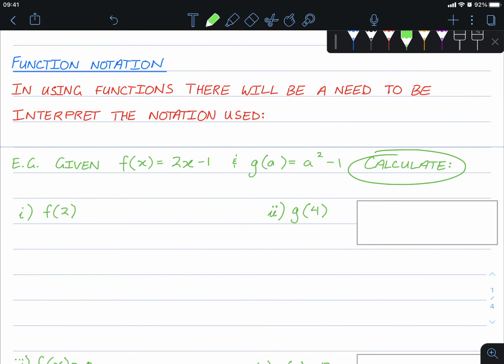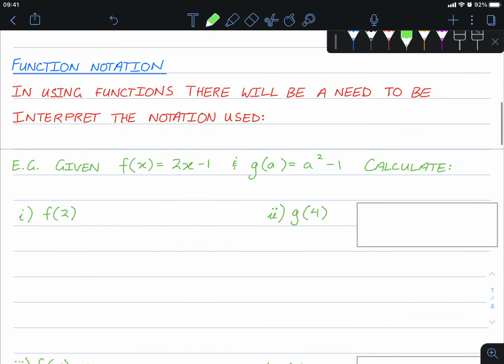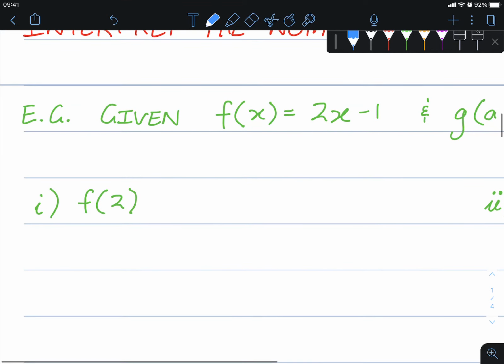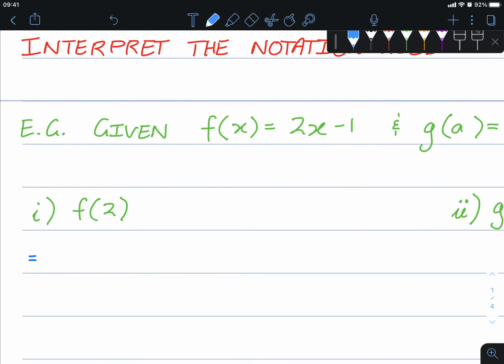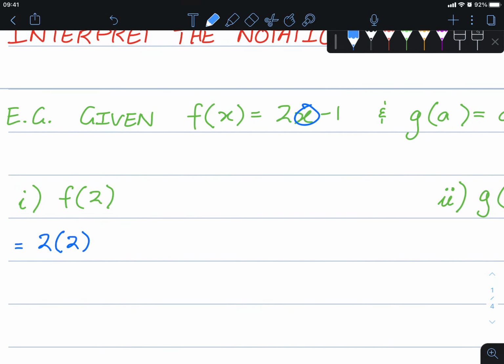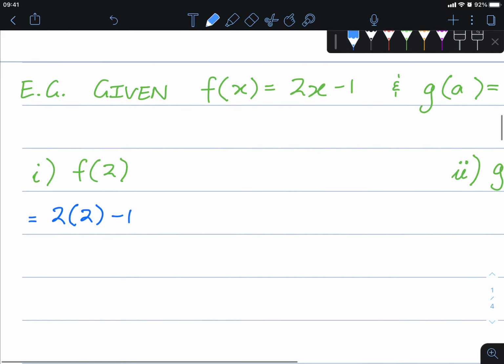We want to calculate f of 2. All this means is we're going to substitute the number 2 into each variable found in the function. So this becomes 2 times (2), because we're substituting it for x, minus 1. The resulting number for this is 3.